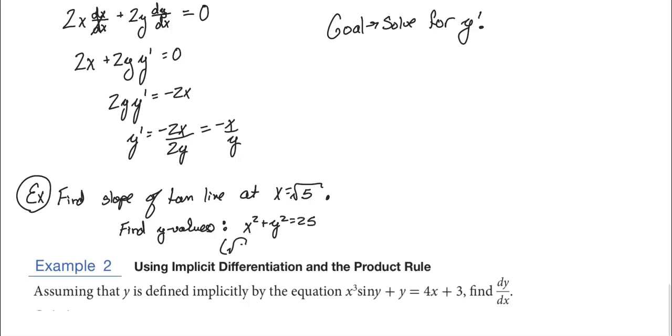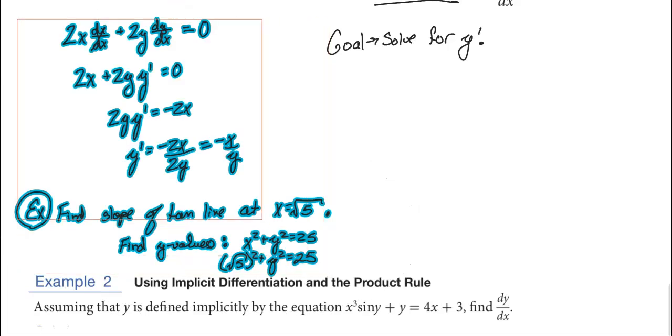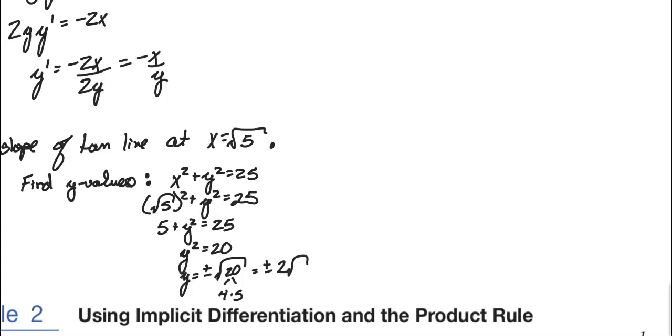If I plug my x in, I can solve for y. So y is going to be plus or minus square root of 20. Remember, 20 is the same thing as 4 times 5. So this is really plus or minus 2 square root of 5.